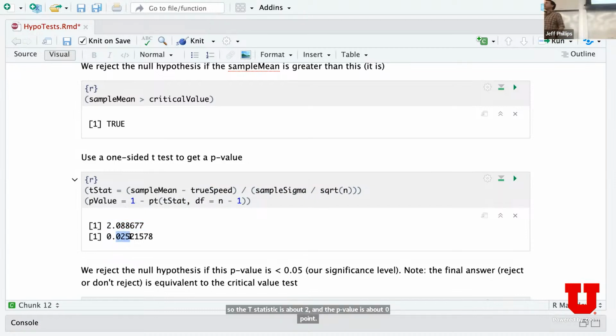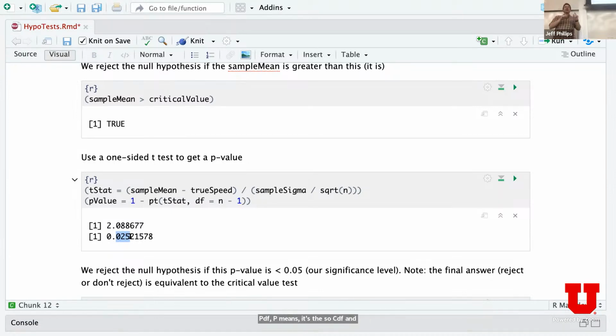Question: for pt, what does the p stand for? d means it's the PDF, p means it's the CDF, and q means it's the quantile.